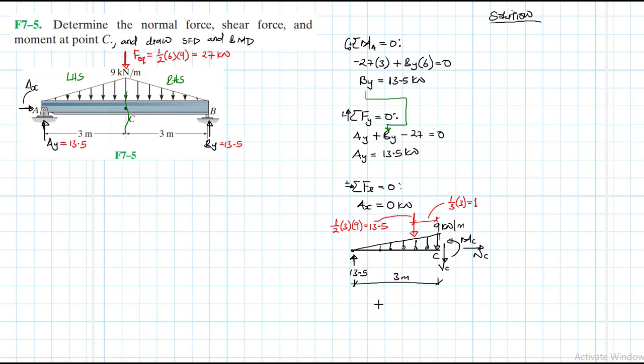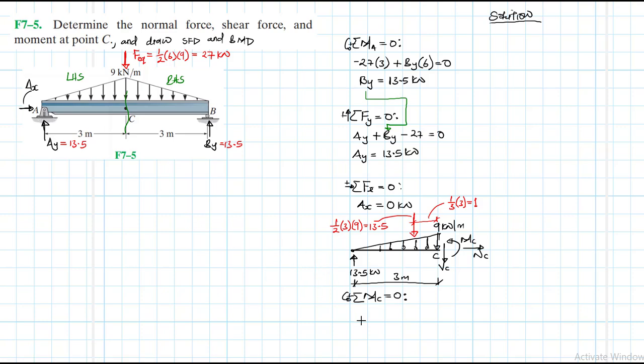Okay, so then let's start applying the equations of equilibrium. Summation of moments about point C equal to 0 and clockwise being our reference. What do we have? This is kilonewtons.